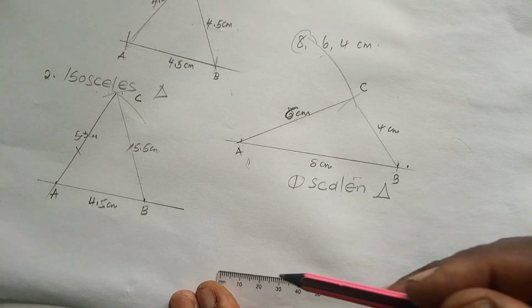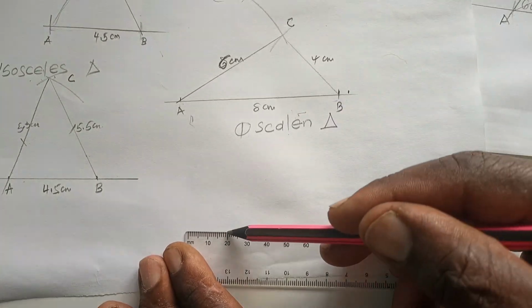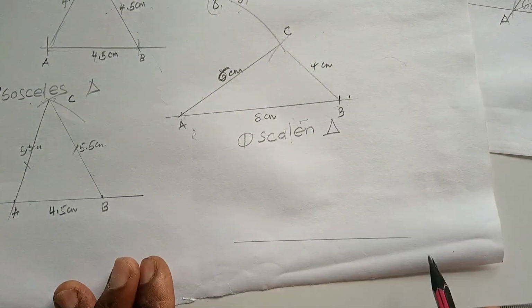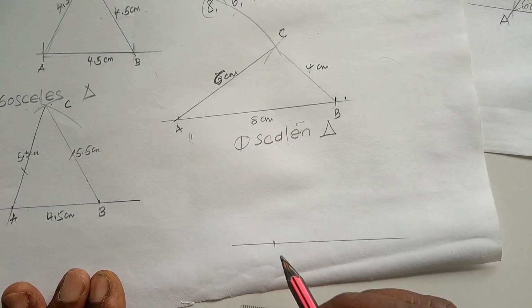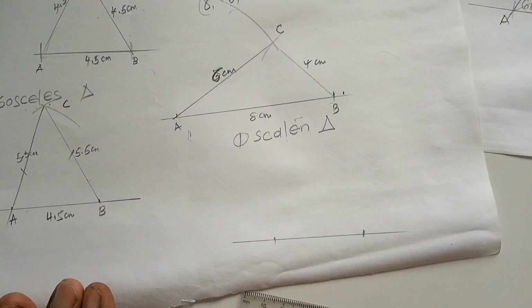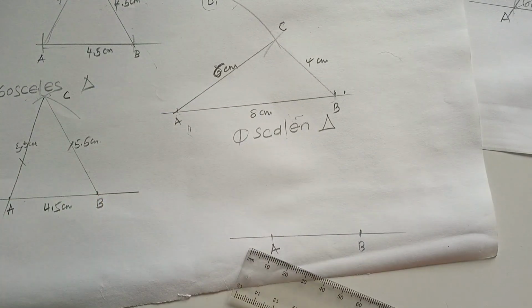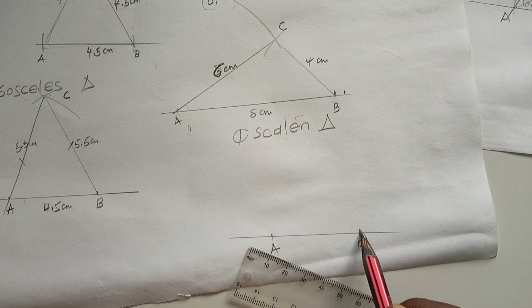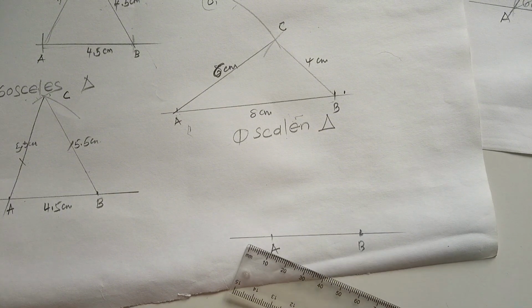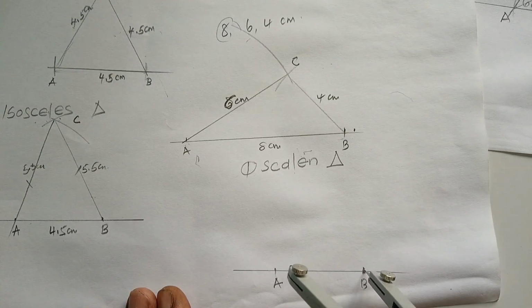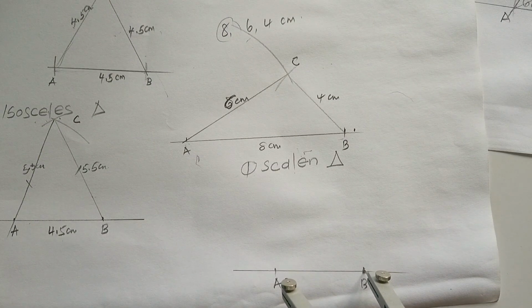Now a right-angled triangle. In a right-angled triangle, we can take our length as AB. We call this point A, this other point is B. Now we are going to construct a perpendicular line at this point. How do we construct the perpendicular line? We put our pair of compass there, we adjust it to some reasonable level.